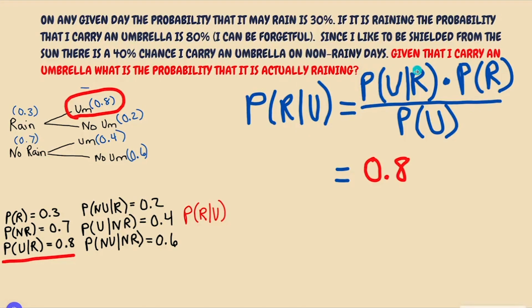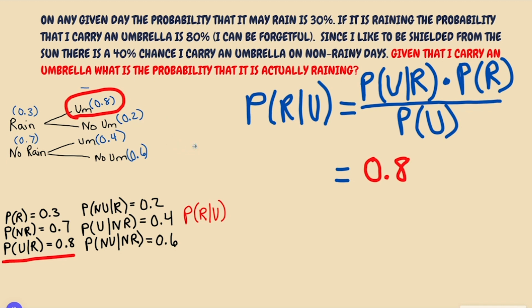Notice that this is the opposite of what my posterior is, multiplied by the probability that it will actually rain, divided by the probability that I bring an umbrella. In this case, the probability that I bring the umbrella, given that it will rain, is 80%. I can see on the left-hand side in my tree diagram that given that it is raining, I will carry an umbrella 80% of the time.